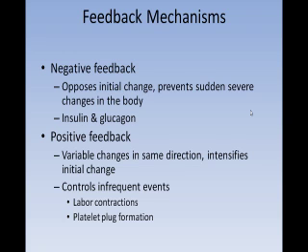All right, positive feedback is where the variable changes in the same direction, thus intensifying that initial change. Okay, this controls infrequent events, so not very common. First one, you've got labor contractions. In labor contractions, you're about to have the baby. What happens is your body starts producing oxytocin, which is a hormone that causes your uterus to contract, which is labor.